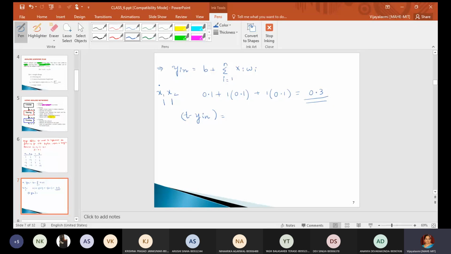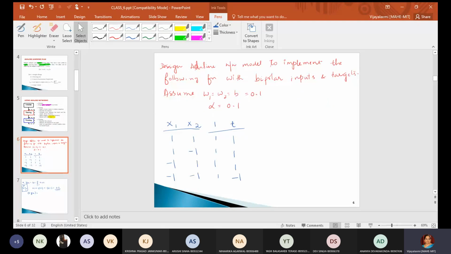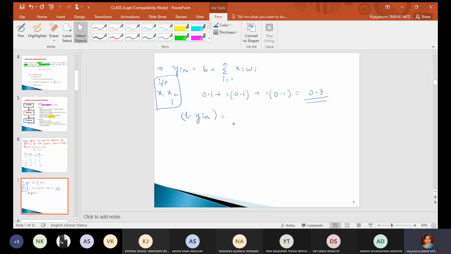I am considering the inputs of the first row of the given truth table. So t minus y in, t is here in this case target 1, so t minus y in is equal to 1 minus 0.3, which is equal to 0.7. Now what I have to do is update the weights.